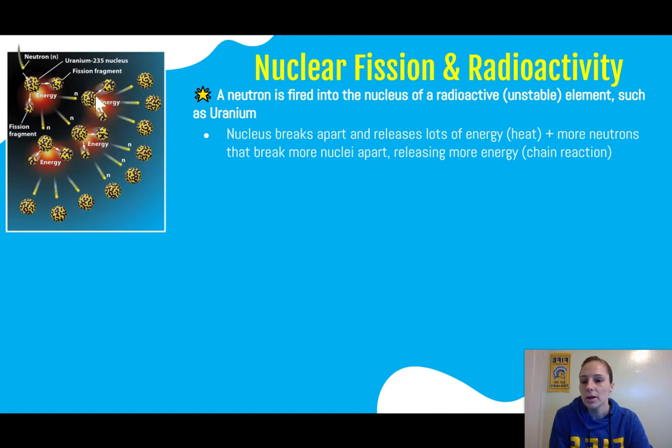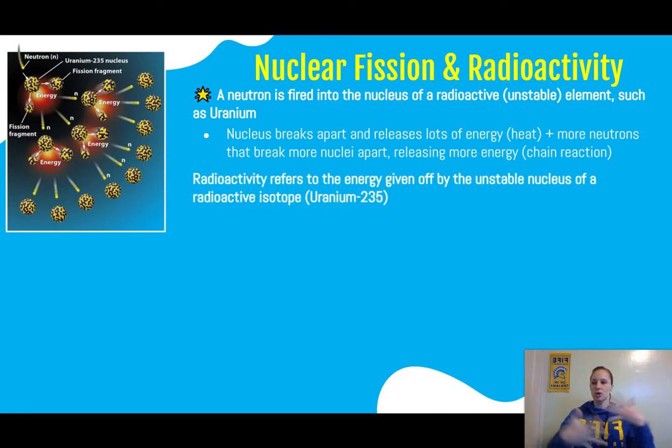If you look at this, we start with one of them, which causes more of these neutrons to go, which causes a chain reaction with more fragmentation. Again, it's a chain reaction that results in a lot of heat.